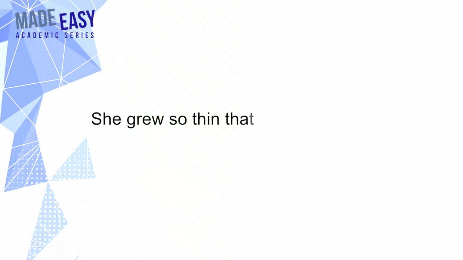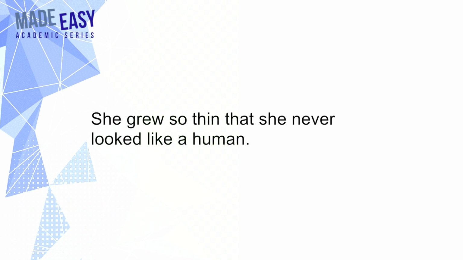Now the next type is adverb clause of result. Now the words could be so that. She grew so thin that she never looked like a human. This indicates a result of something. So this is why it is called adverb clause of result. The next one is of manner.